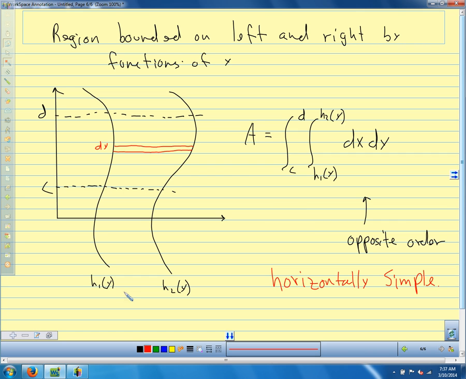All right, questions so far? So that's all I want to talk about today. We're going to do a lot of things with these iterated integrals.